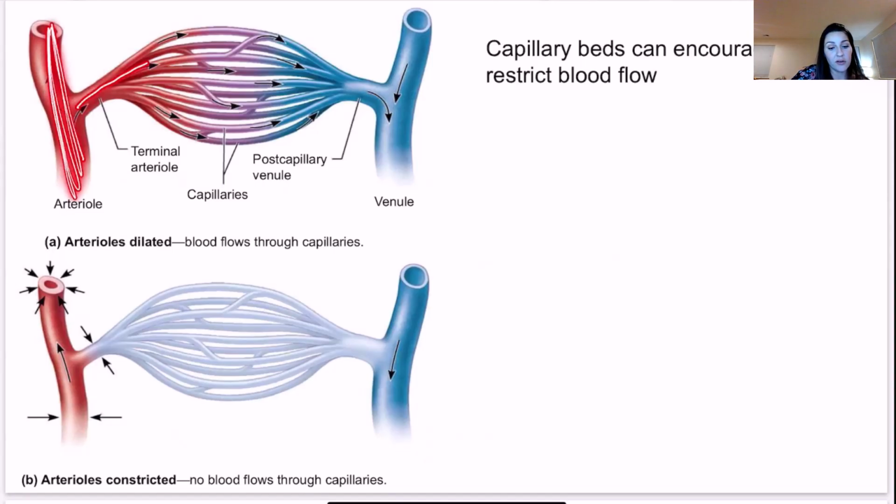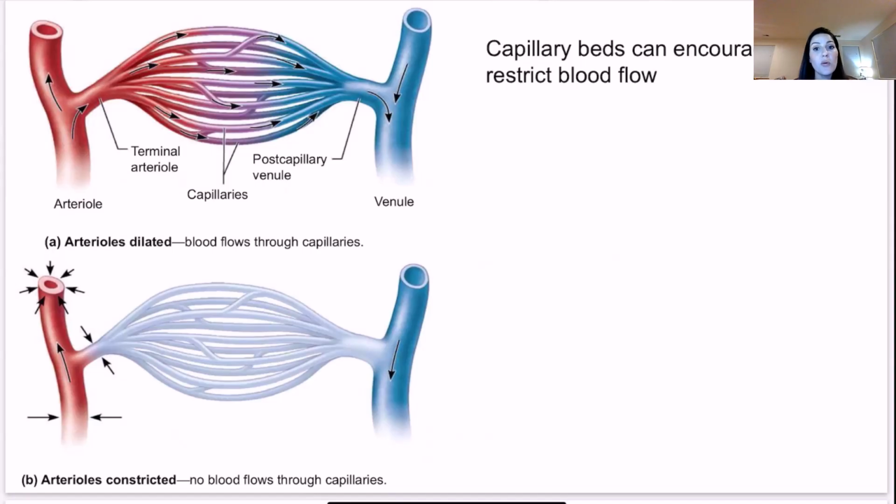The arteriole flows into a capillary bed, where a bunch of gas exchange and stuff happens. Then we flow into a venule, and then we leave, heading back to the heart. If we don't want that to happen, we'll just constrict this little portion right here. That little portion is called the terminal arteriole. That terminal arteriole will vasoconstrict, get smaller, and then blood will be restricted through that area. It's nice if we don't want blood to go there.